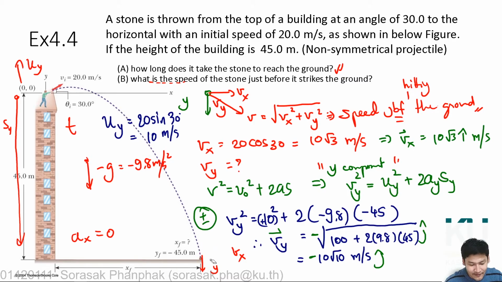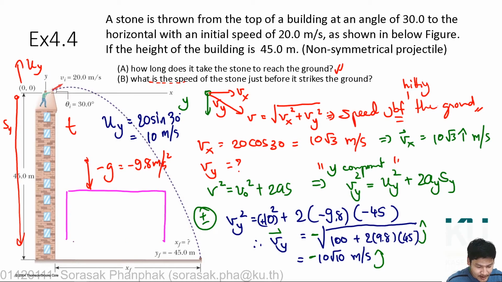So finally, if you would like to write down the magnitude, or find the speed, you take the square of each individual component. I will write it down here because we lack space over there.